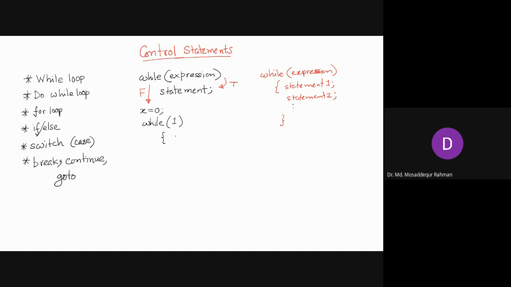We define x = 0. Inside the loop, we increase the value of x: x = x + 1. And then let's say we want to display this number x on some display board. So write display x.